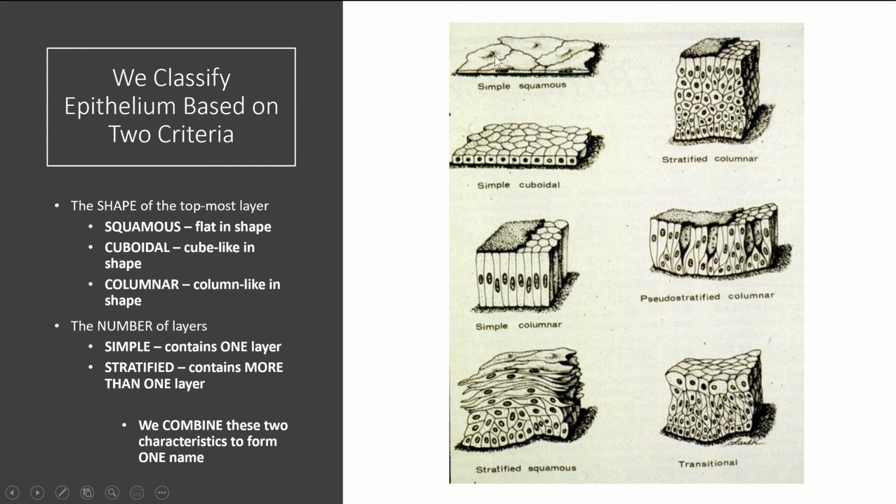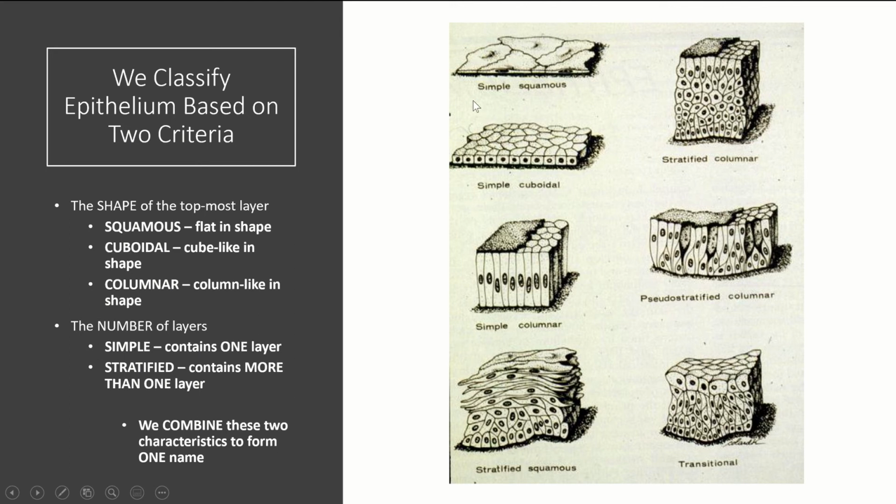So there's no more epithelium on top or on bottom of here. It is one cell thick, right? Whereas the other one we're going to call is stratified, and that means there are more than one layer. Here you can see there are multiple layers of this same type of epithelium, so that we're going to call stratified.